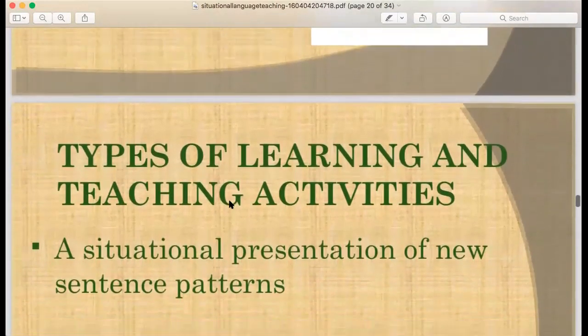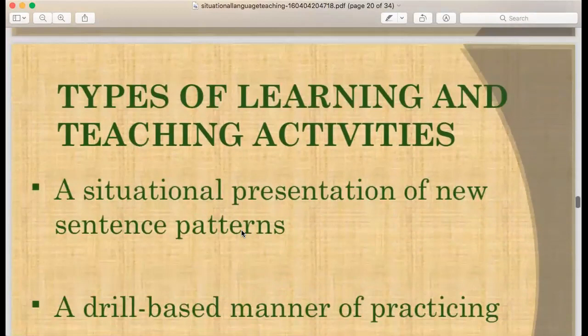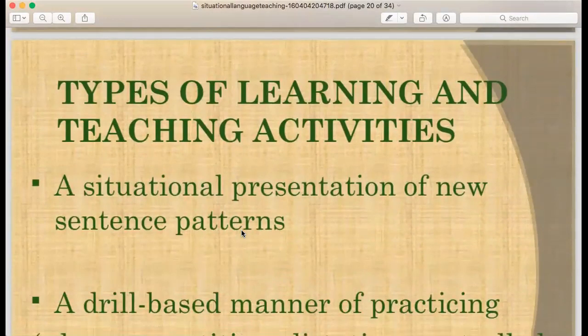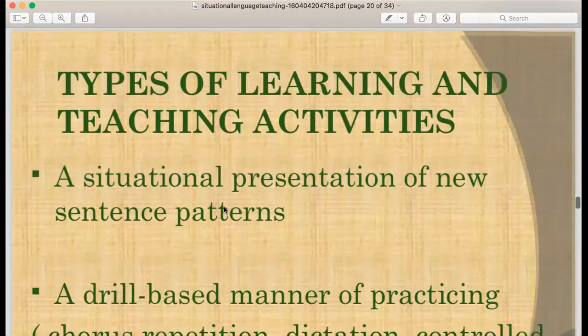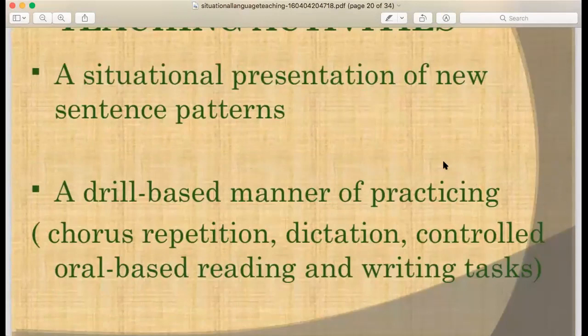Okay, what kind of activities we would see? The activities are very similar to audiolingual method. New sentence patterns, drill based manner of practicing. We have already done this. Chorus repetition.